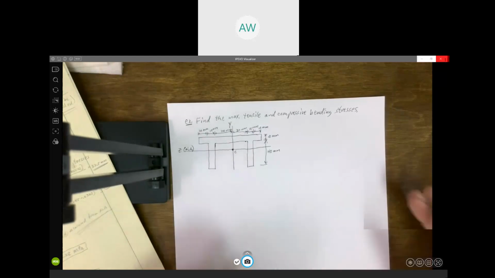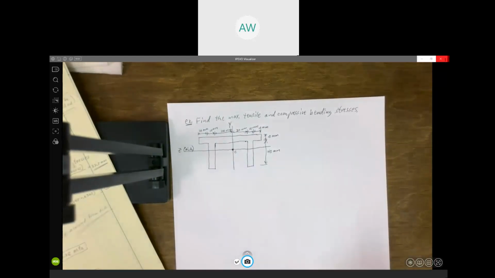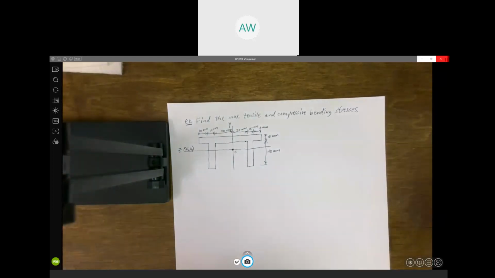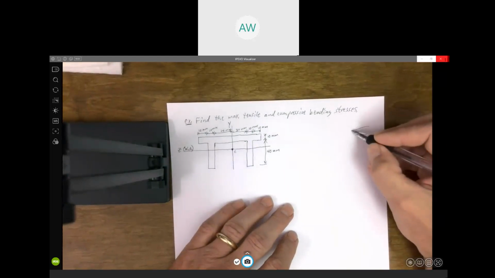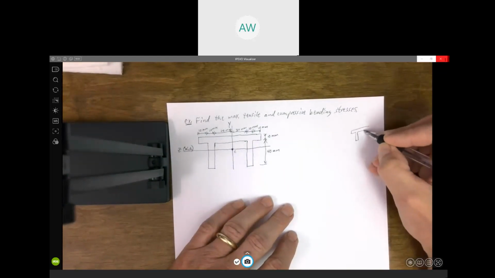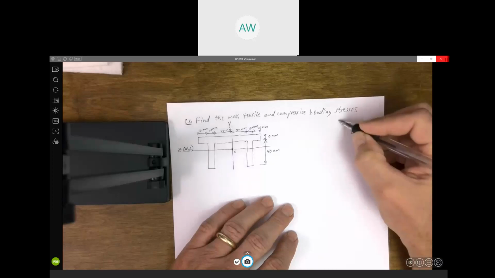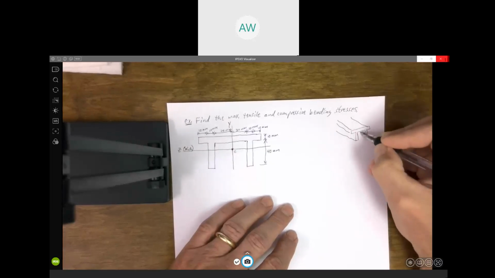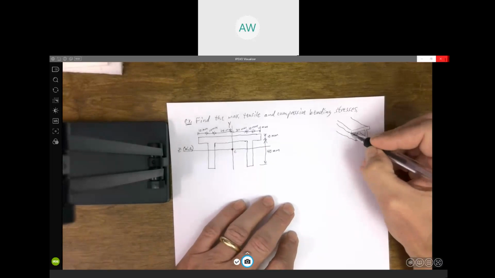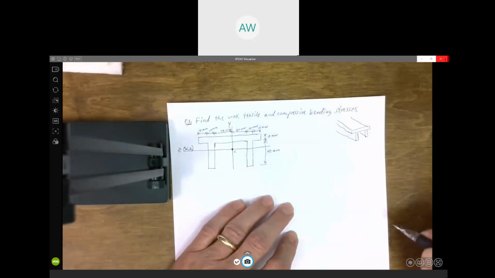All right, so again, this is what our cross section looks like. Our beam, again, if you were looking at this, this is what it would look like. This is some beam. We're just looking or being shown what the cross section looks like.